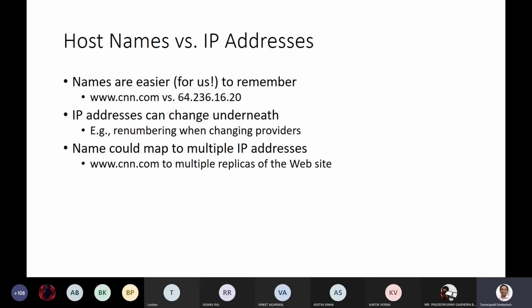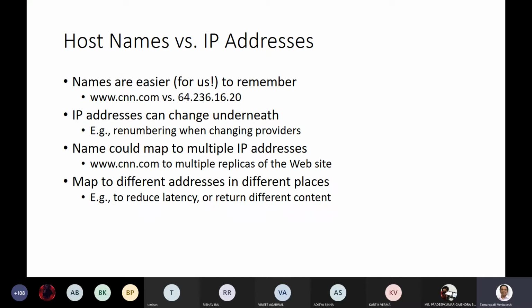So then you have to have different IP addresses for each of these machines, but you could still indicate the website with a common mnemonic name, like for example, CNN.com or Google.com. It doesn't have to be present at one machine. It can be distributed across different machines with identical content. And the DNS system will take care of redirecting or moving the packets from the source to the destination based on certain criteria.